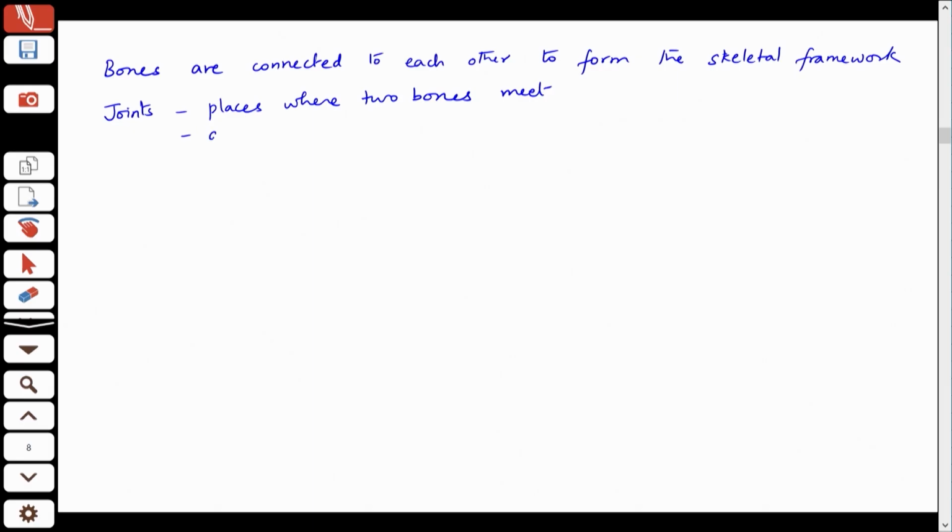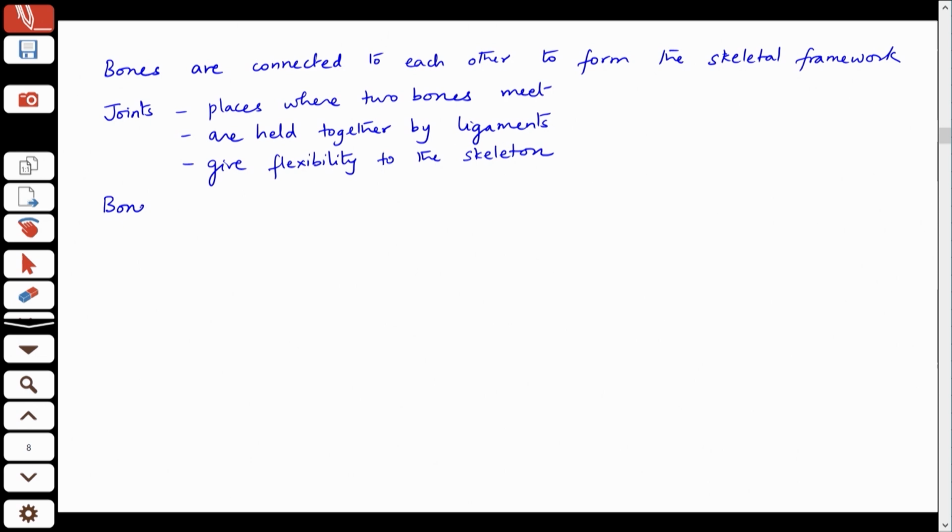In the human body, the joints are held together by, I mentioned this earlier, ligaments. The joints are held together by ligaments and they give flexibility to the skeleton. The bones are also called osseous tissue.